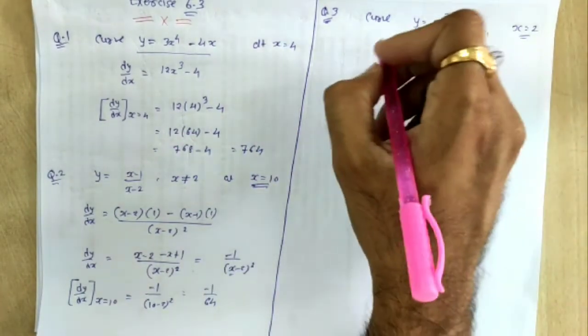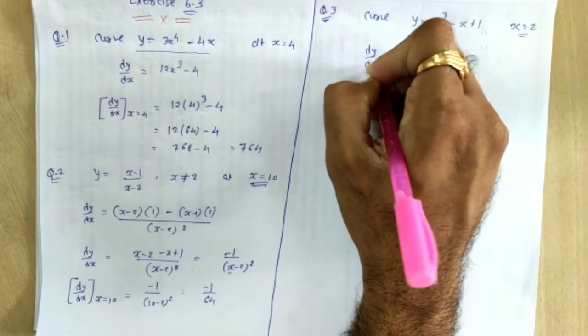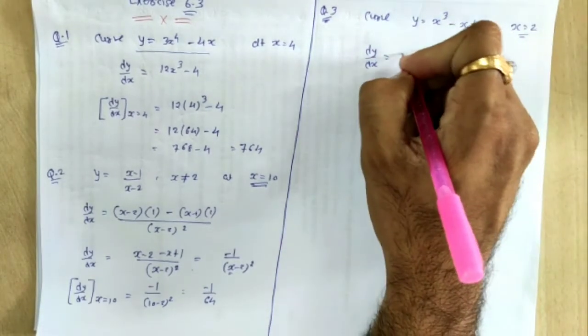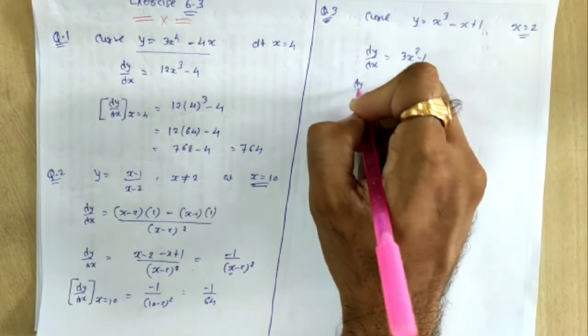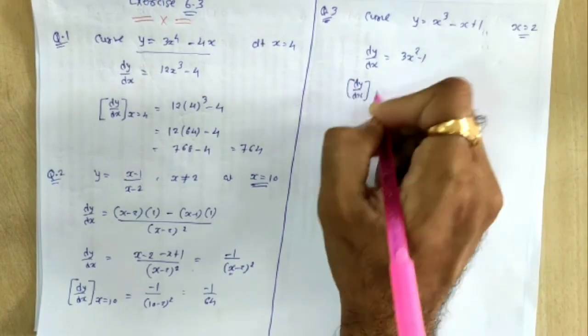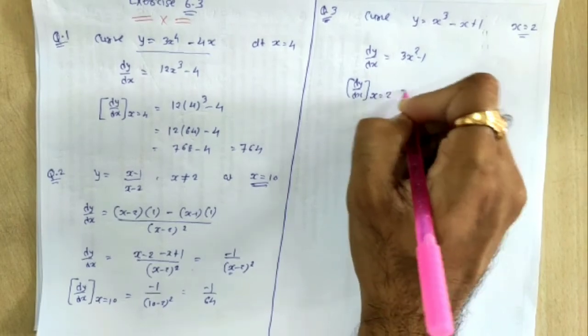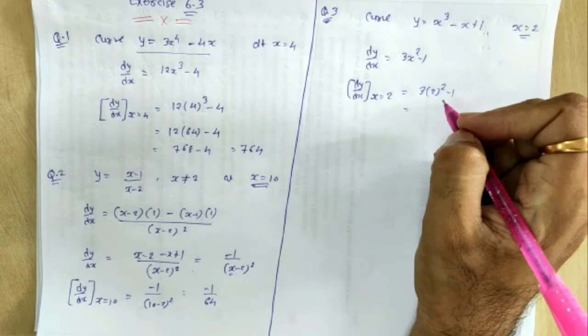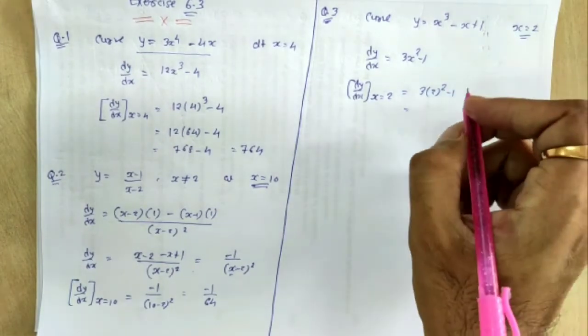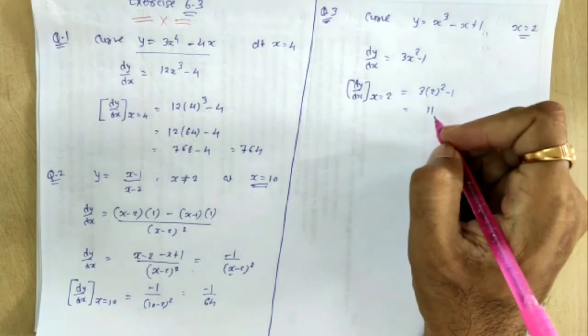Again simple. dy by dx equal to 3x square minus 1. So dy by dx when x coordinate is 2 equals 3 into 2 square minus 1. 2 square is 4, 3 fours are 12, minus 1, 11 is the answer.